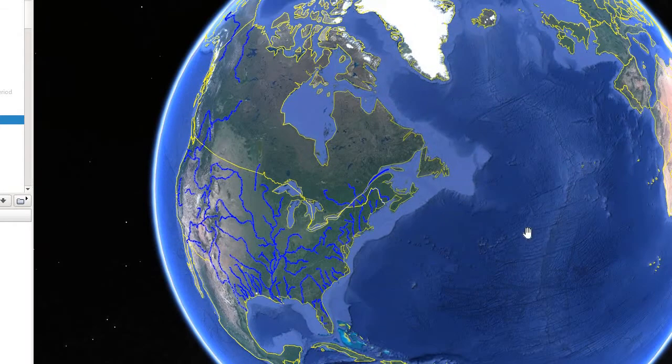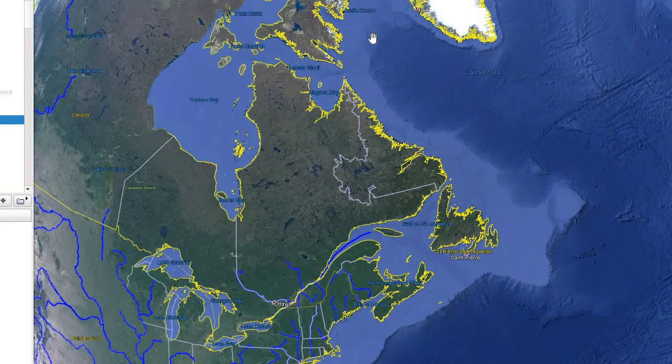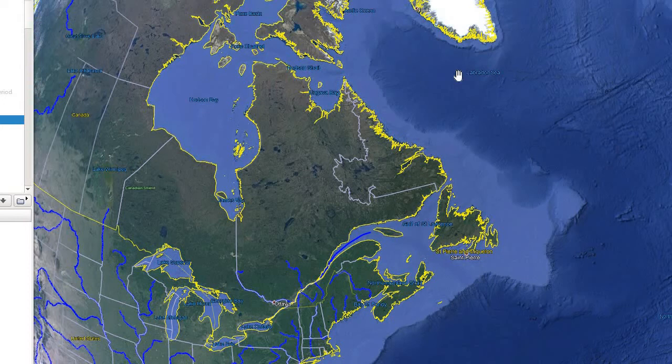You also have another current coming down from the Labrador Sea up here, and this is very cold water because it's coming from the Arctic, and so it's flowing down this direction. And where those two collide or run past each other right through here, you've got the cold Labrador water and the warm Gulf Stream water.